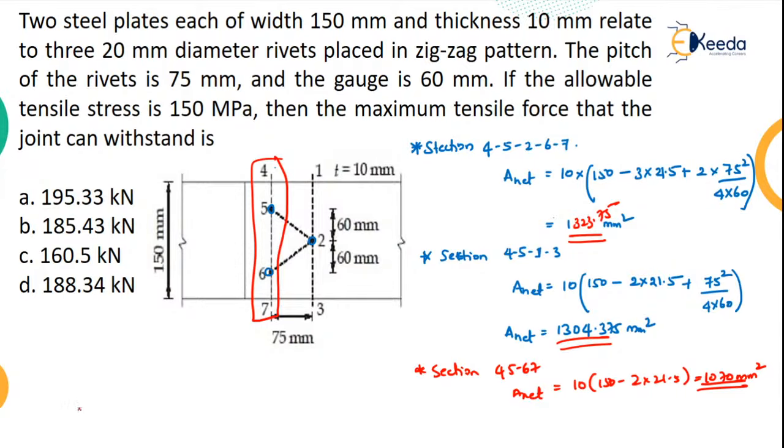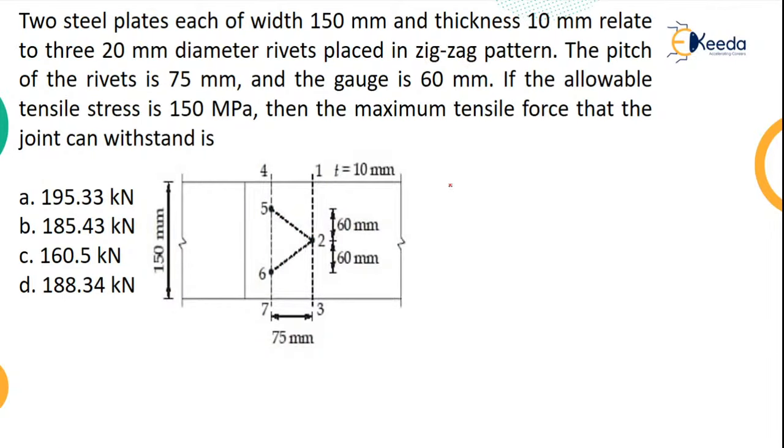Right. So now just do what? The maximum tensile force at that joint will be equal to what? 150, which is nothing but the tensile stress given to us in Newton per mm square, into the area.